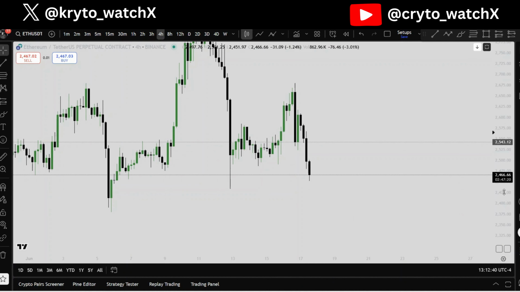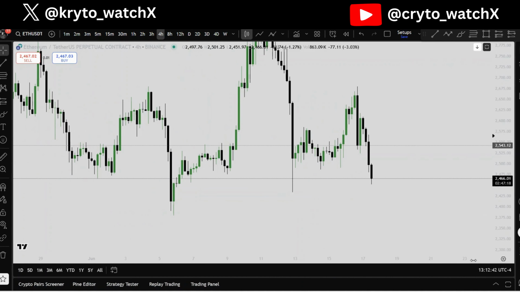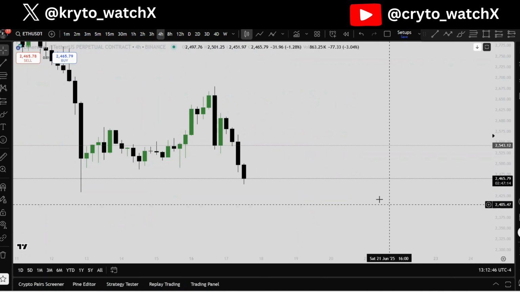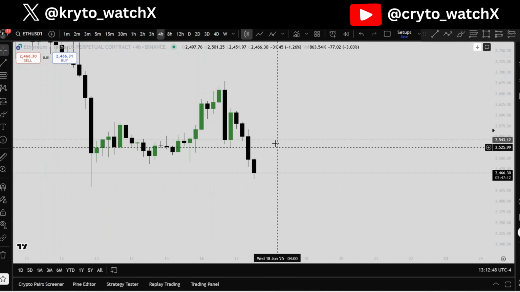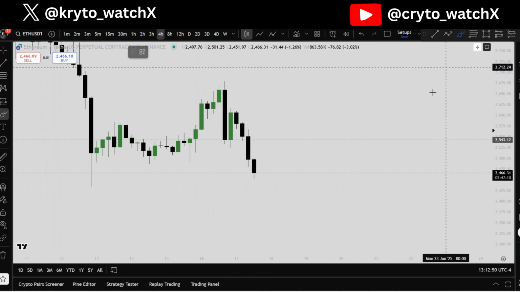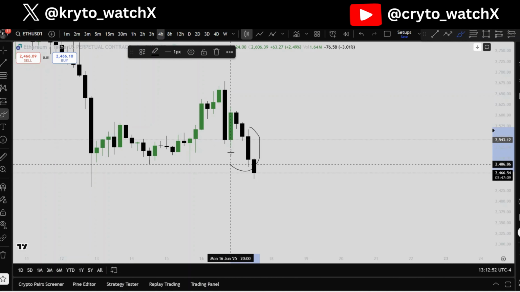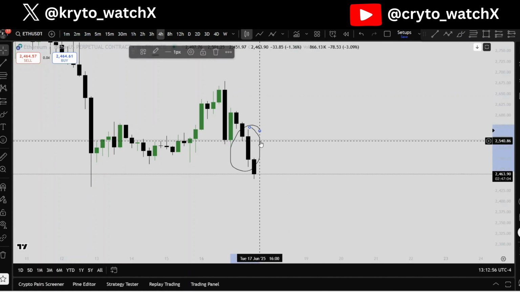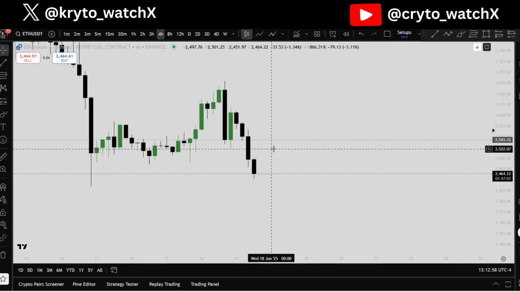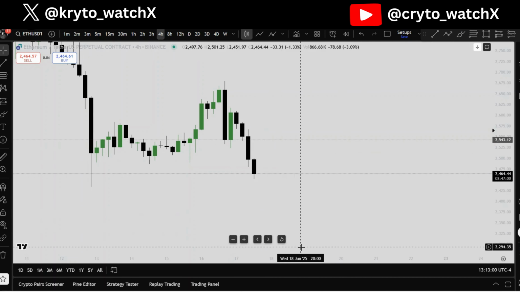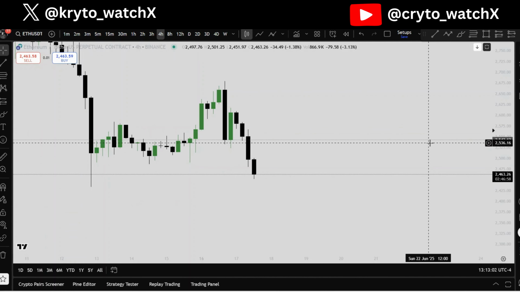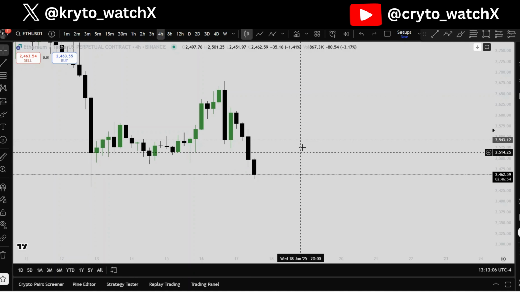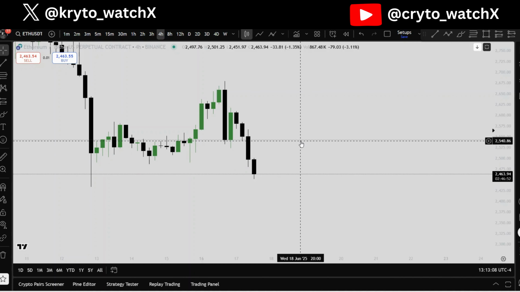So you can see we've got the Ethereum chart right here, and the 4-hour FVG created by Ethereum is right here. Just in case you don't know about the FVG, the fair value gap: the price on the chart moves so quickly that it leaves a massive gap behind, and that gap is filled with all these orders.